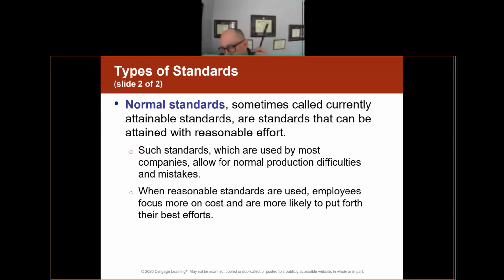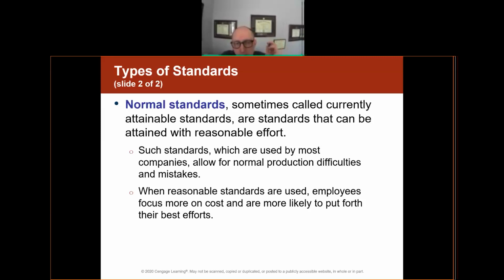How easy is it to make? How easy is it to mitigate any type of mistakes? Can I obtain the goal based off of historic prices? Maybe.